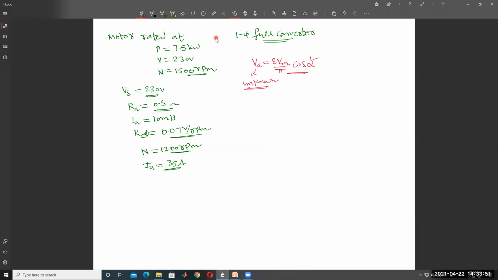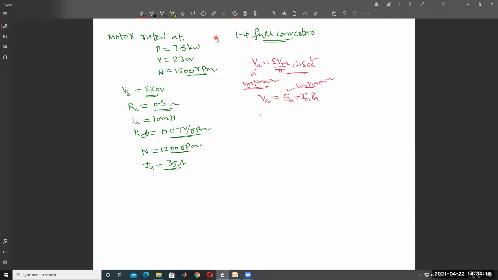To find alpha, you must know the armature voltage VA. You know the relation VA is equal to EA plus IA into RA, where EA is unknown.